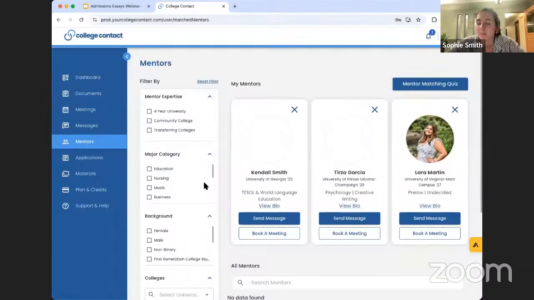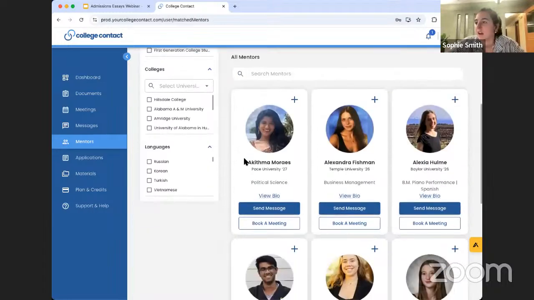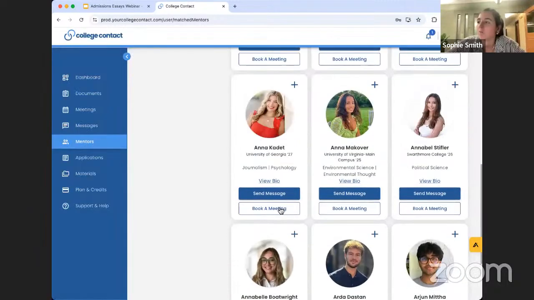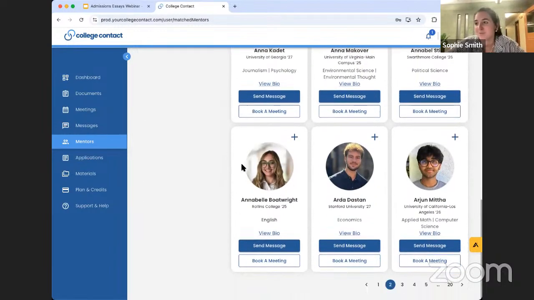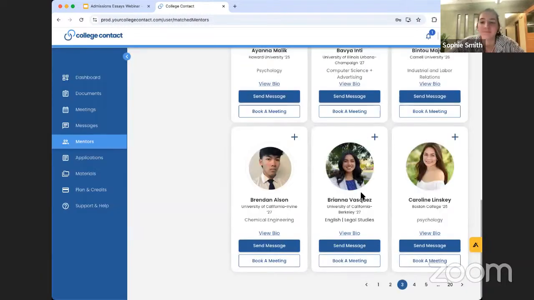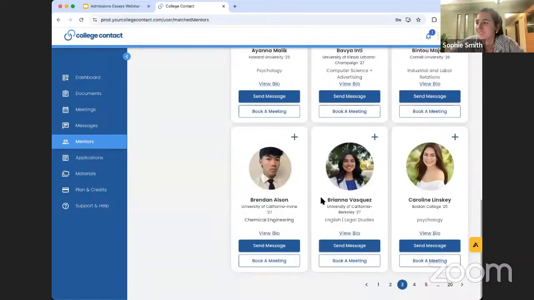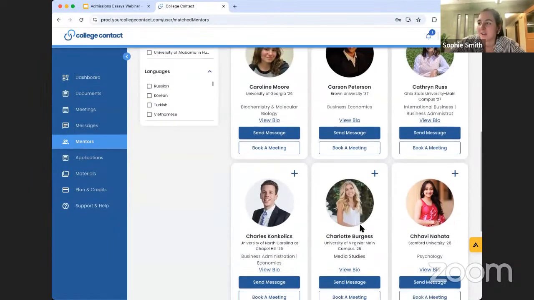This is where you're going to be able to come in and see all of the college students that are available to you, which is really cool. So we've got 90 different schools on the platform, 250 mentors. Jeez, I've been talking for too long. And they're all trained in my college essay method.